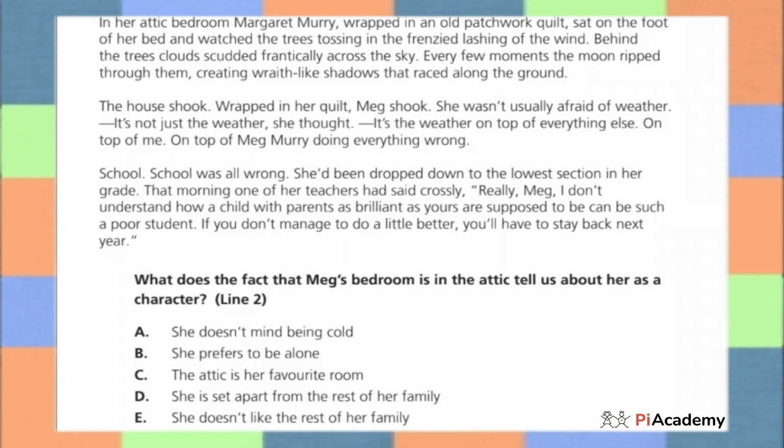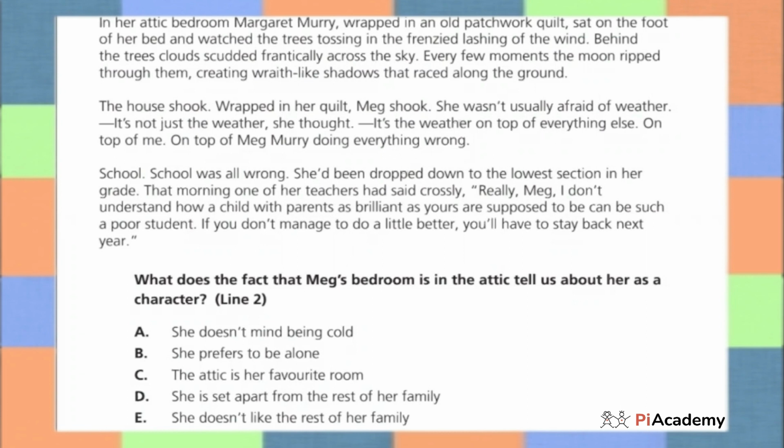Every few moments, the moon ripped through them, creating wraith-like shadows that raced along the ground. The house shook. Wrapped in her quilt, Meg shook. She wasn't usually afraid of the weather. "It's not just the weather," she thought. "It's the weather on top of everything else. On top of me. On top of Meg Murray doing everything wrong."